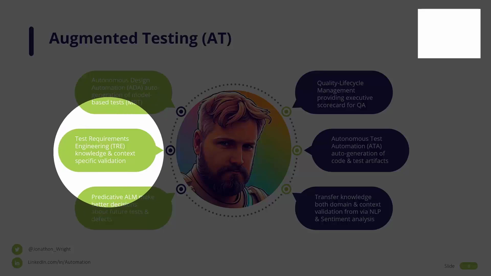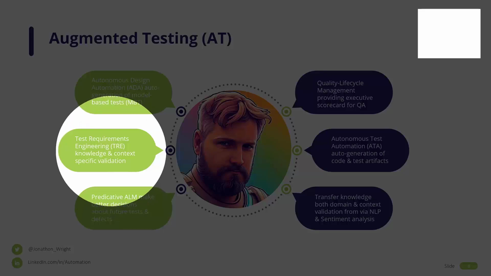And then the next one, which is something I spend a lot of time talking to Paul Gerard about, is requirements engineering, and how do we potentially look at context sensitive validation, understanding domain knowledge, which could be inferred by ChatGPT.